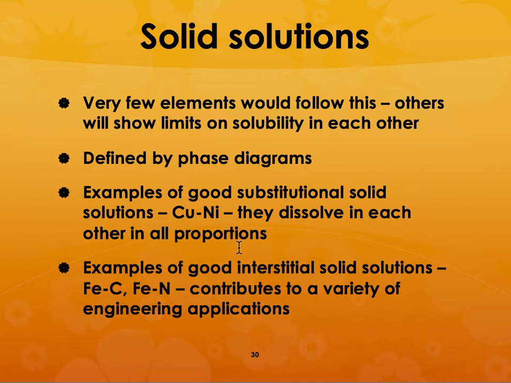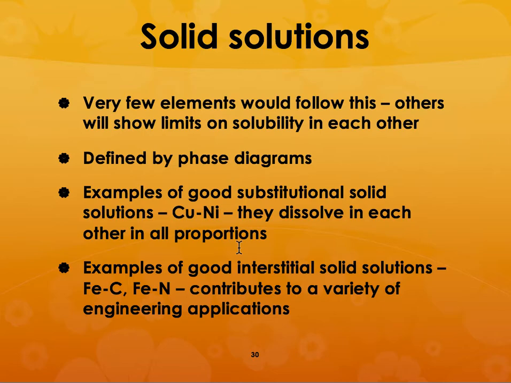And these are given by phase diagrams. So most of you must have seen phase diagrams related to gases or liquids and so on, possibly when you did your undergraduate material science class.